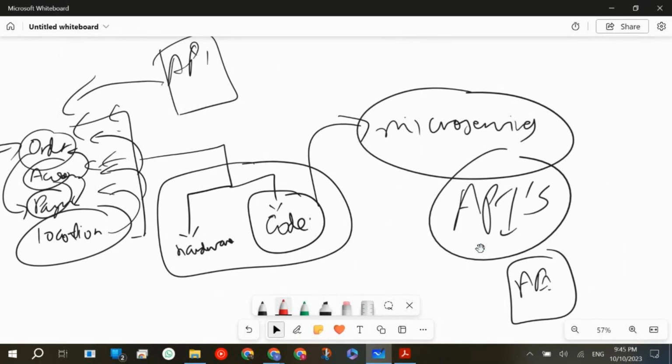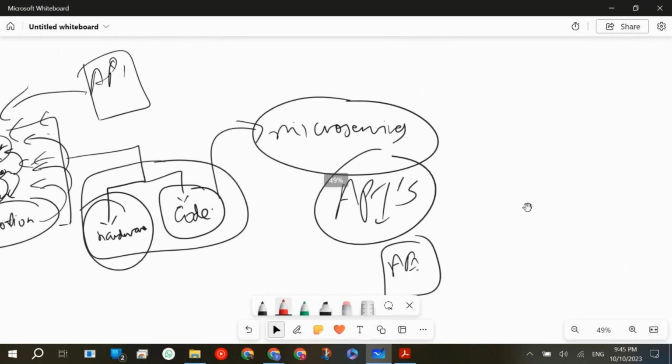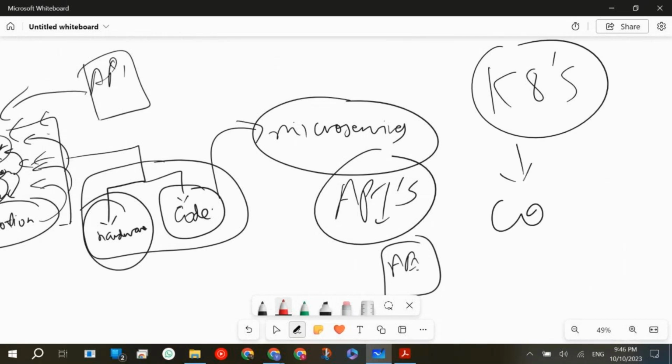But the other main problem everyone was facing was the hardware. When you're deploying the code, there was dependency in the hardware also. The order and location both are running on the same CPU, or the same instances. When the cloud came, that problem was also solved, because with Kubernetes, or the concept called containerization, the hardware also got isolated into pods or containers.